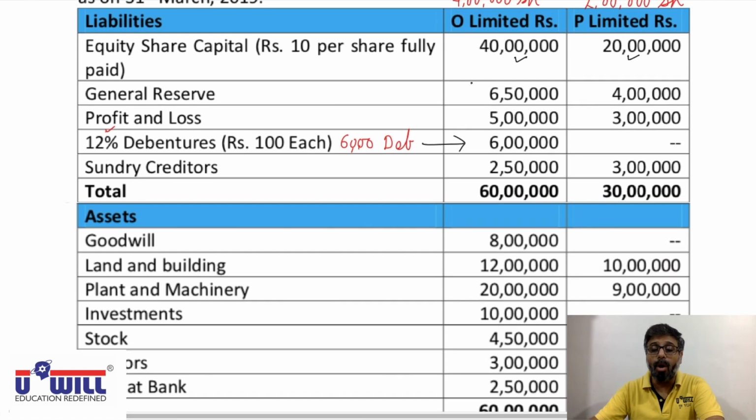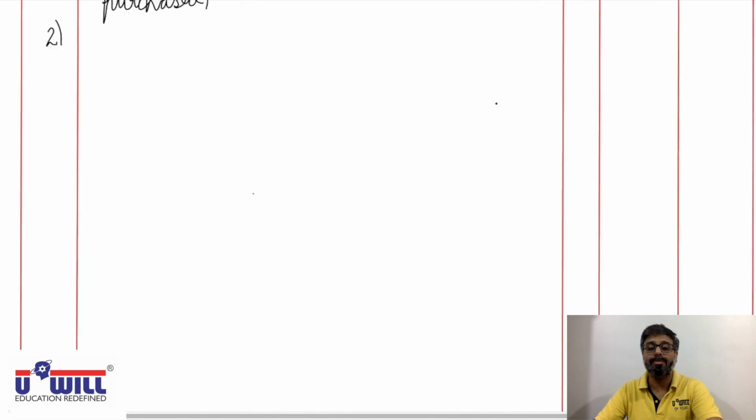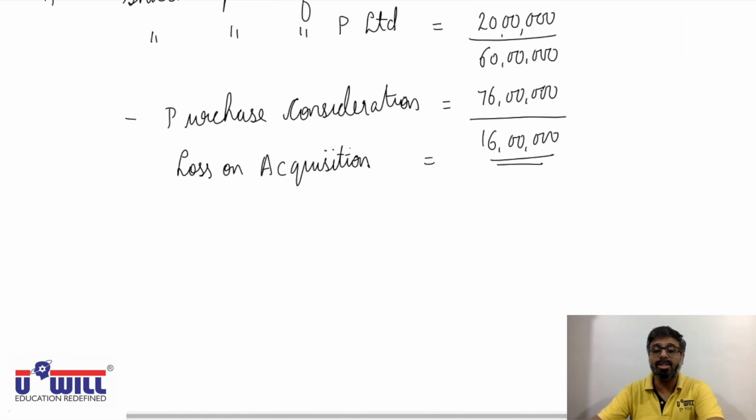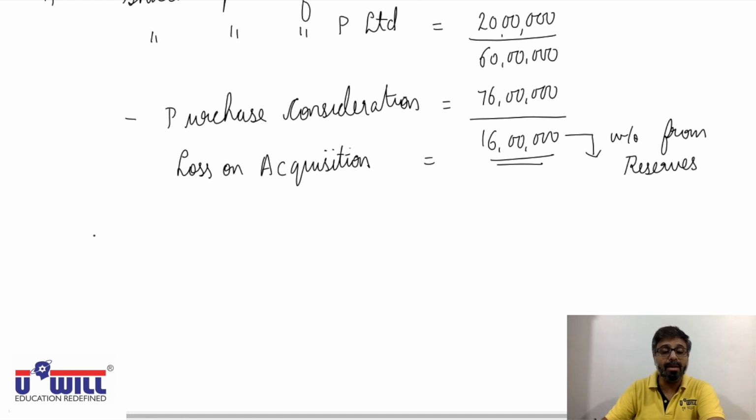So from all these reserves, general reserve and profit and loss account, first we will write off this loss. This loss is to be written off from reserves, and then only we will debit or credit P&L account.